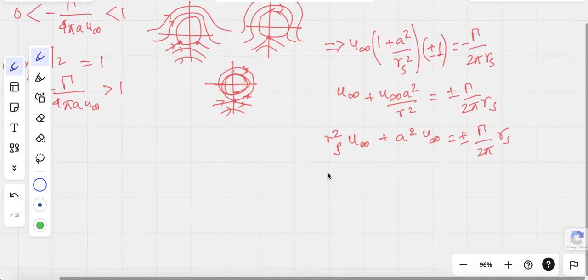So rs square u infinity plus or minus gamma by 2 pi rs plus a square u infinity equals 0.